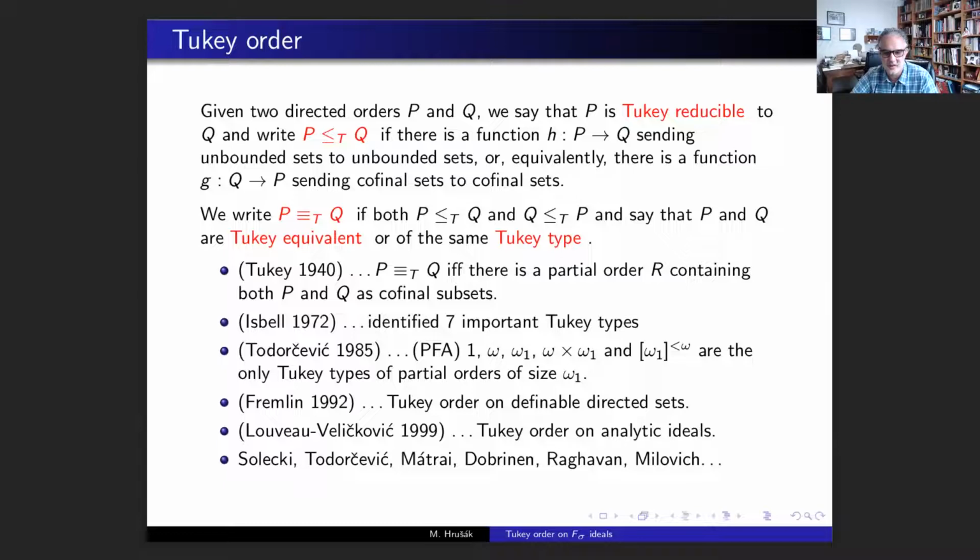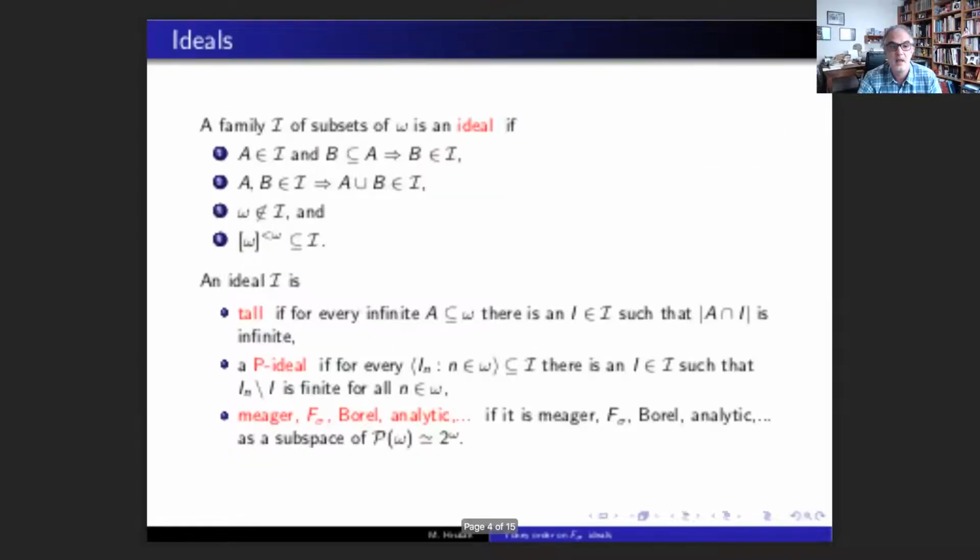Slawek Solecki has done work, Stevo has done work, Tamás Máthé has done some interesting work, and Natasha, Dilip, and Dave Milovich and other people worked on ultrafilters, which is another interesting direction in this area. Paul Gartside and students looked more at directed orders coming from topology. There is really a lot of work being done.